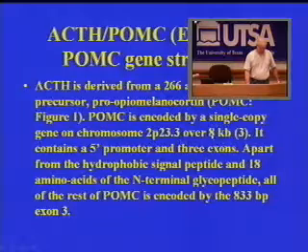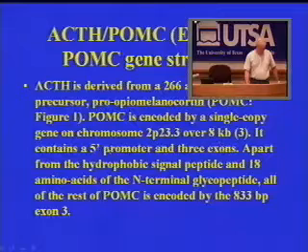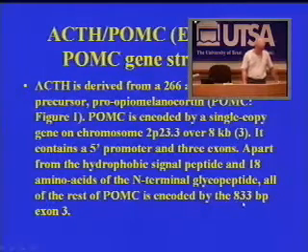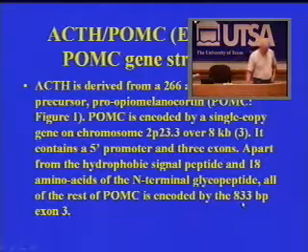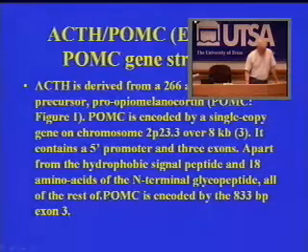Over about 8 kilobases, it's got a 5' promoter, 3 exons, and apart from the hydrophobic signal peptide, we just talked about that in its cleavage, which targets the ER for release, 18 amino acids of the N-terminal glycopeptide. All the rest of POMC is encoded by the 833 base pair exon 3. So the majority of POMC is encoded in its exon 3.